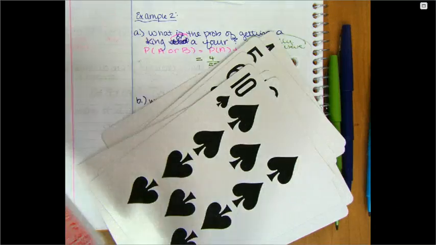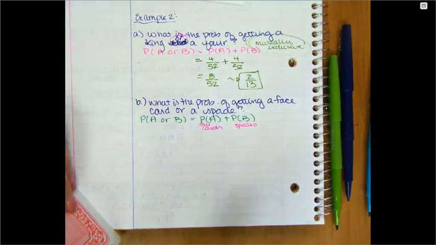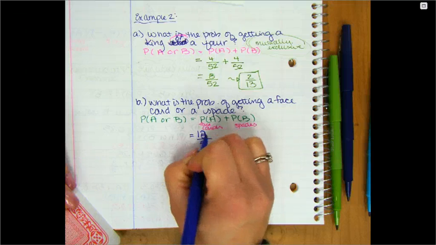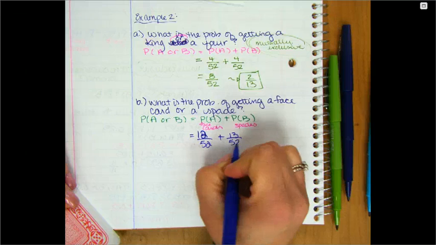That's 11. How many? Wonderful. So we have 4 over 52. I'm just kidding. 12 over 52. And 13 out of 52.